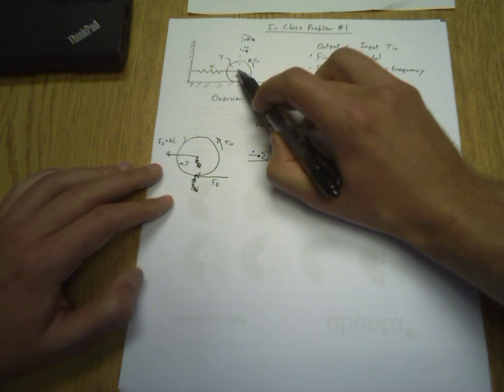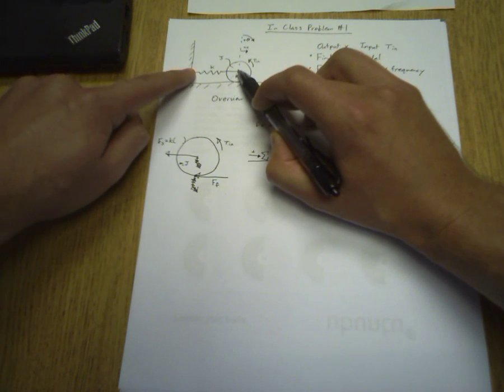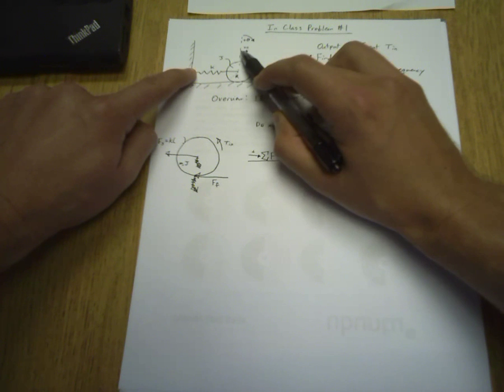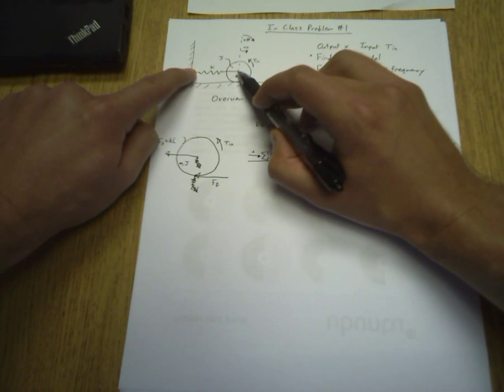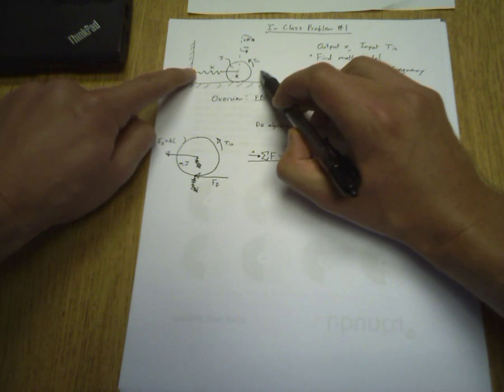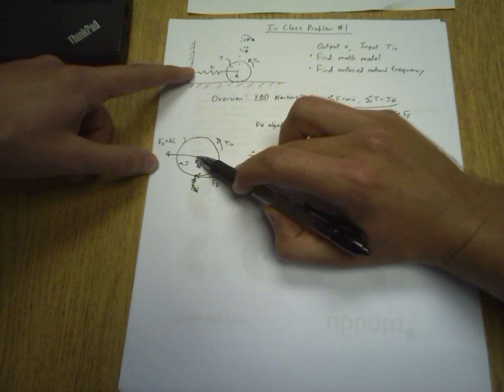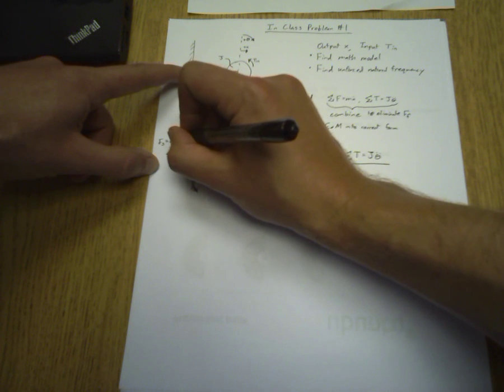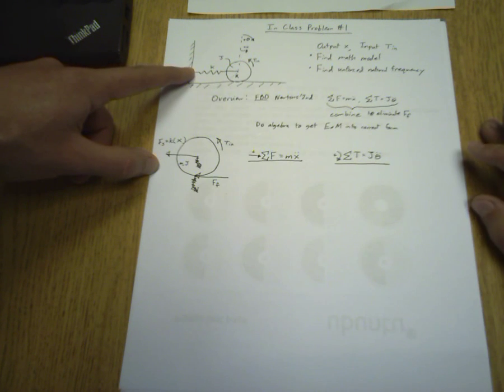Well, I go up to my spring and I imagine fixing one end, which is convenient because it is fixed, and displacing the other end in the positive x direction. If I stretch this spring in the positive x direction, will the force look like this or look opposite? The answer is the force will pull backwards as drawn, so my x needs to enter with a positive sign into this equation.